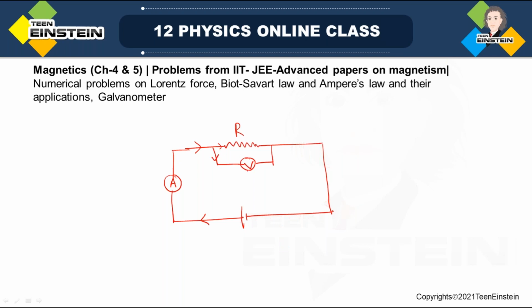The galvanometer has a very large internal resistance, so we take the whole current as passing through the circuit. There is no loss of current. So this is the unknown resistance, suppose X, which we have to find out.